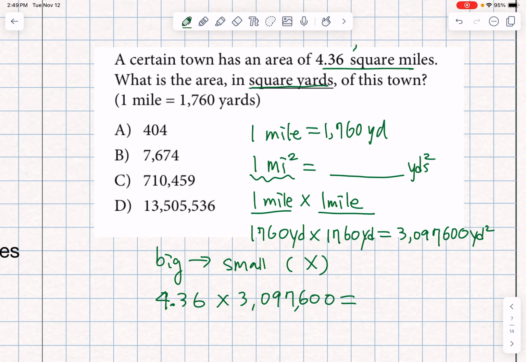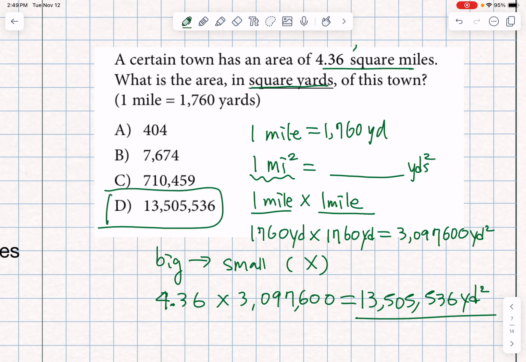If you do that, then you get 13,505,536 square yards. So the answer will be D. So if you want to change square units to square units, if it's a big square unit changing to the small square unit, you have to find the unit conversion rate first, and then you multiply. That's how I do it.